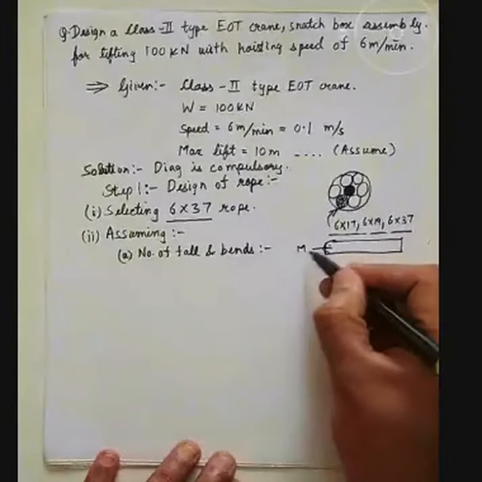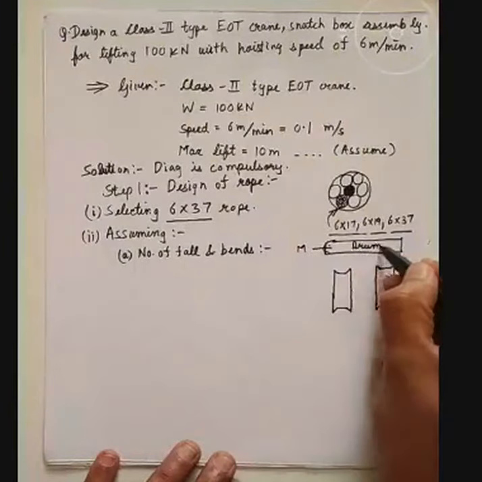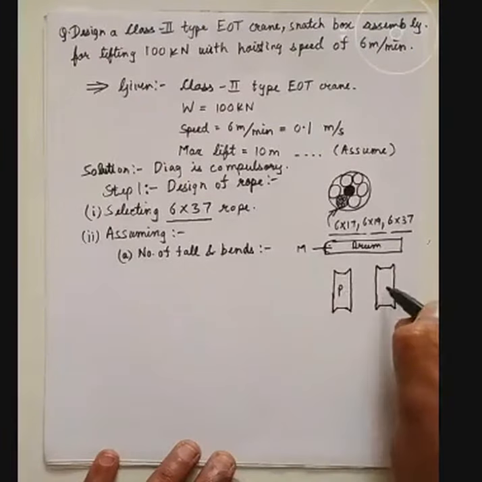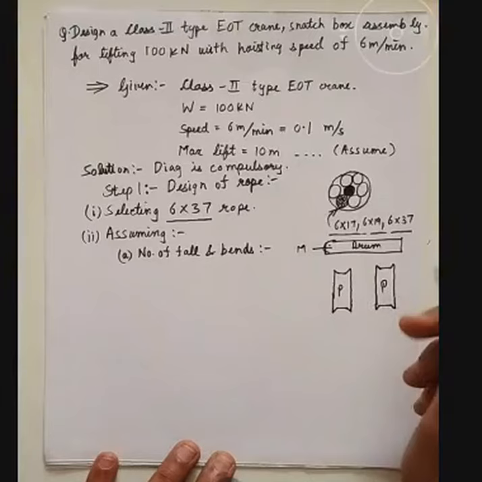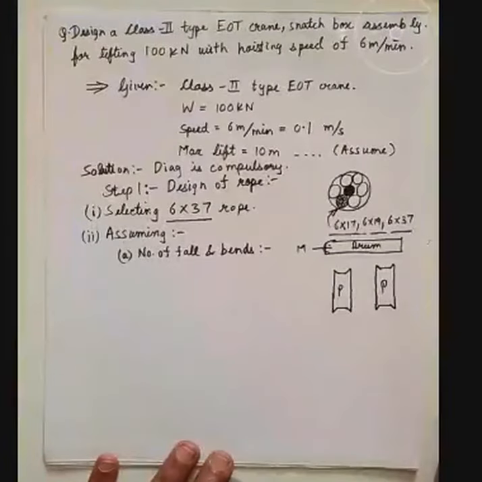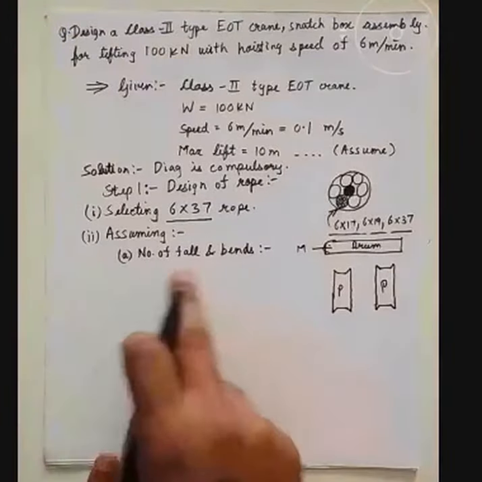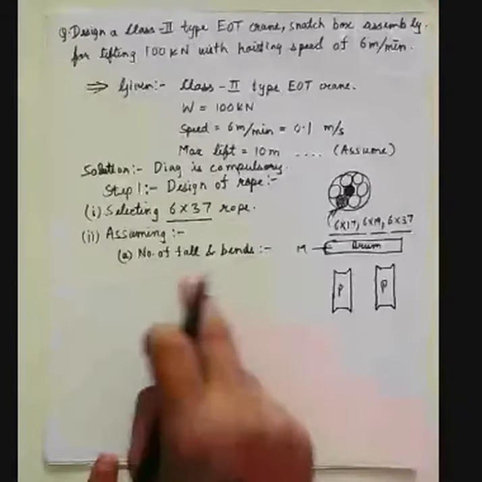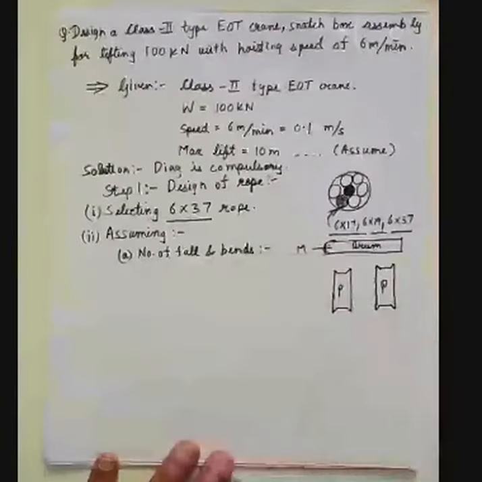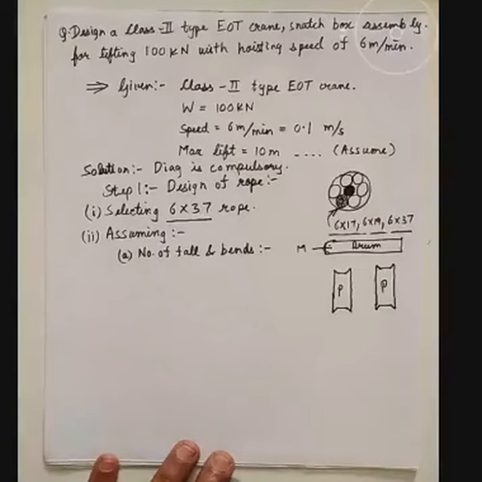Now we are unaware of how many pulleys we have, but you have to decide the number of falls and bends. For that, you have to specify how many pulleys there are, and based on that you have to decide how many bends and falls there will be.